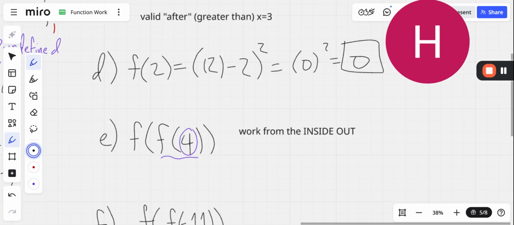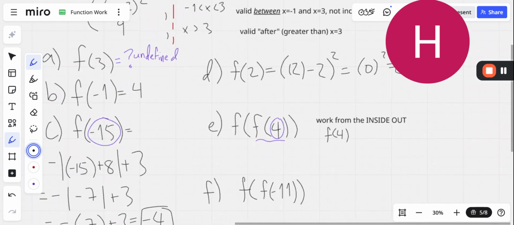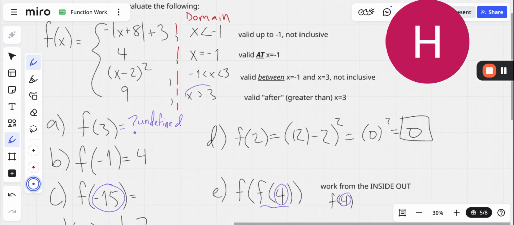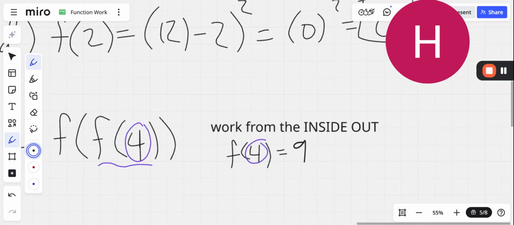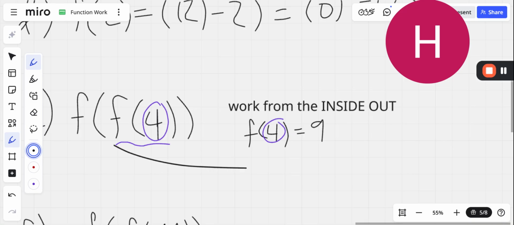Let's say f of 4. Which piece are we going to use? In fact, have we done f of 4 yet? I don't think we have. F of 4, since 4 is greater than 3, we're just going to use this piece. It's equal to 9. Pretty easy there. And now that we know that's equal to 9, this just becomes f of 9.